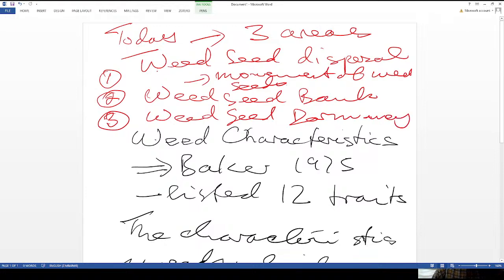So let us start with this weed seed dispersal.